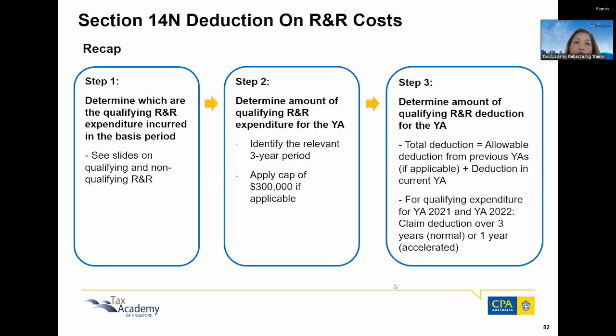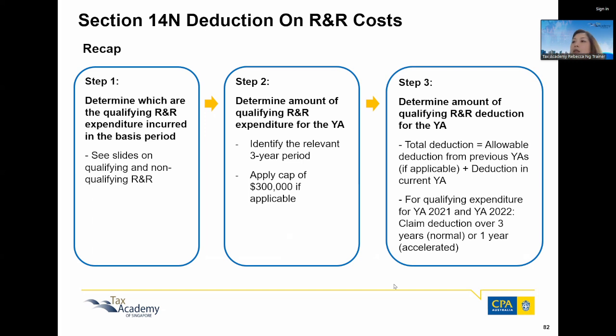Okay, so let's recap the steps. The first step in computing the section 14N deduction, we always determine whether it is qualifying R&R expenditure.